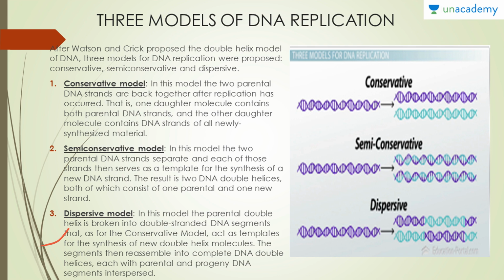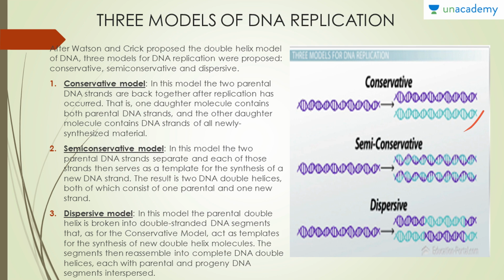That is, one daughter molecule contains both parental DNA strands and the other daughter molecule contains DNA strands of all newly synthesized material. From the diagram you can see that if this DNA double helix is replicated, the two daughter double helices formed are completely different: one is completely of the parental strands and the other is completely of the newly synthesized strands.